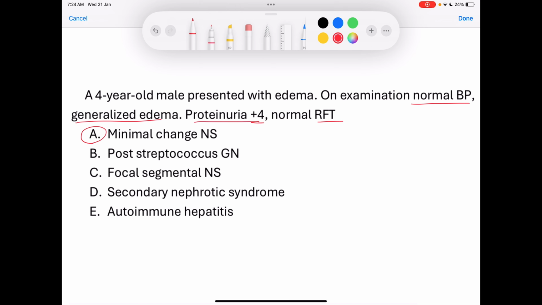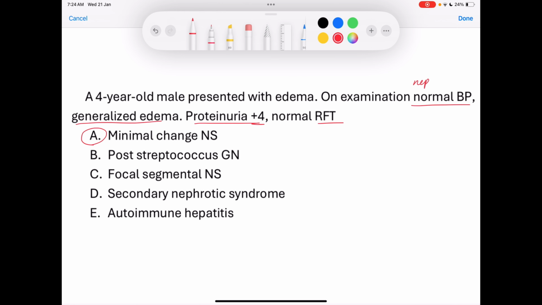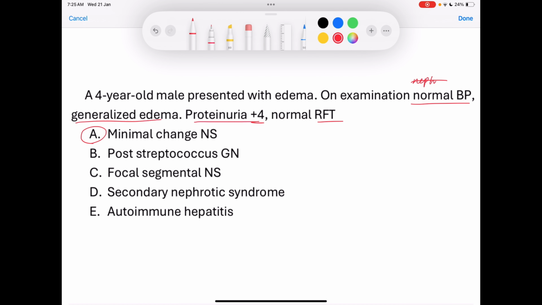First, normal blood pressure, so we exclude nephritis. Generalized edema, proteinuria, هنا نقول nephrotic syndrome. عندنا يا إما minimal change يا إما focal segmental. Focal segmental قلنا إنه بعد يكون عندهم elevated blood pressure. وإذا بنمشي على the most common in general بنقول هو minimal change disease.